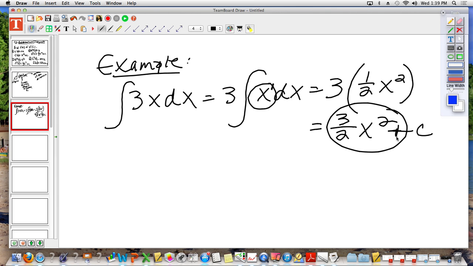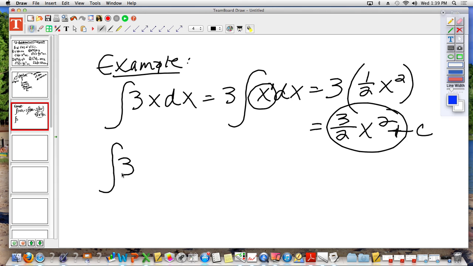If it was just 3 dx, it would still be the same answer. No, I am saying, what if I asked you to find the integral of 3? Well, this is the derivative. You need to find the original function.